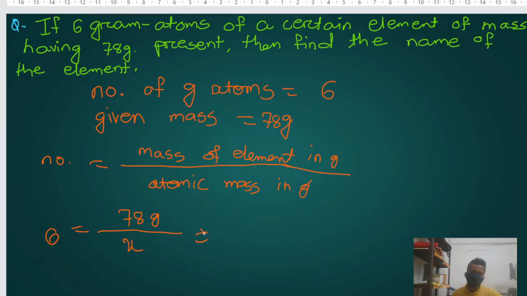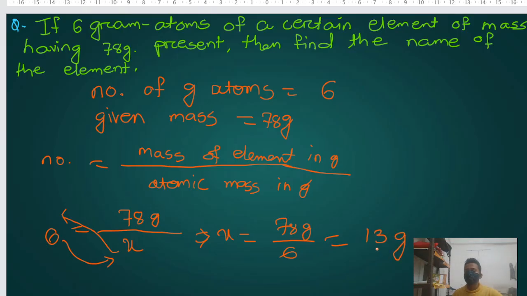Then we have to find the value of x, that is x will be 78 gram upon 6. When 6 goes to the other side, x equals 78 upon 6, and you can calculate that it is 13 gram. You got the atomic mass of that element.